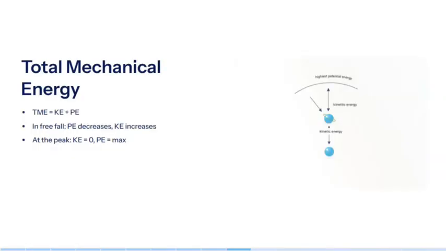So the main idea is, when an object is undergoing free fall, potential energy decreases while kinetic energy increases. This one is just for knowledge, and for objective questions, you could see it where they'll say, what happens to potential energy when an object is dropped from a particular height?